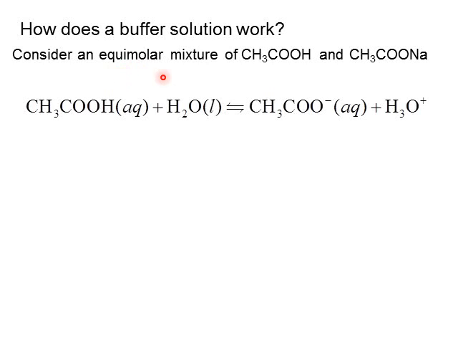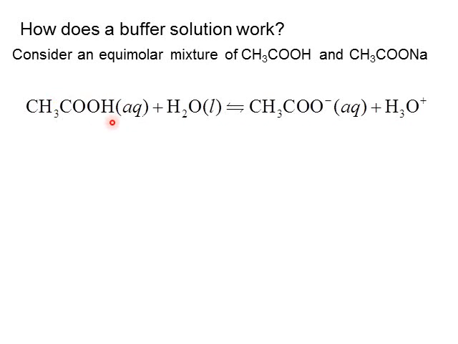Let's consider an equimolar mixture of acetic acid and acetate. So I've got the two here, and this is the acid ionization. So what happens if I add some strong acid to the mixture? Well, since I've got both of these and I'm adding H3O+ here, I'm going to add some more product, and that drives it towards the reactant side.